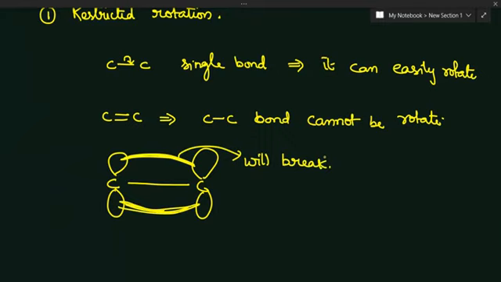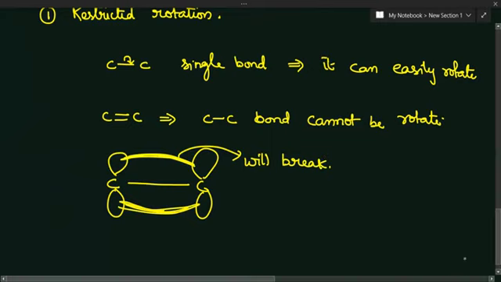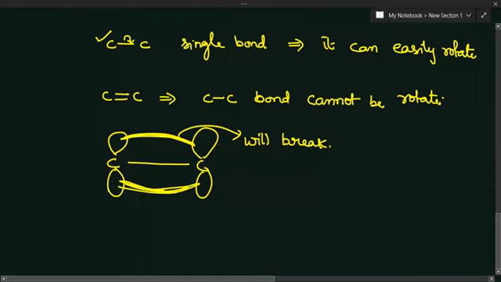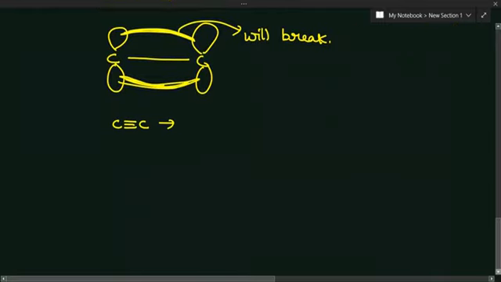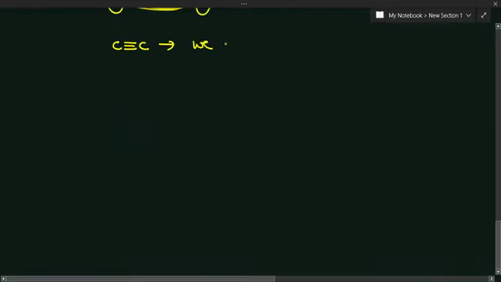There is a restricted rotation in that. A single bond can easily rotate, no problem, but a double bond we cannot rotate. In the same way, a triple bond also we cannot rotate. Triple bond also has the same condition. We cannot rotate the carbon-carbon bond.